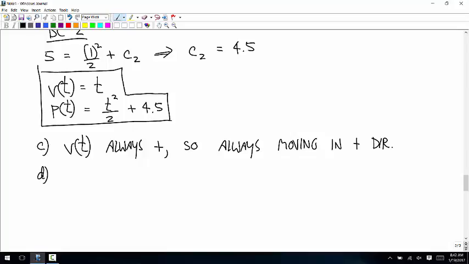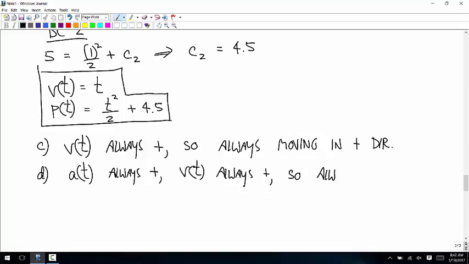Velocity is always positive, so we're looking for places where the acceleration is positive. A of t is always positive because it's just a constant 1. Velocity is always positive. So it's always speeding up.